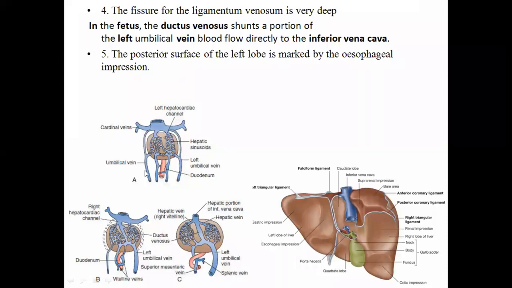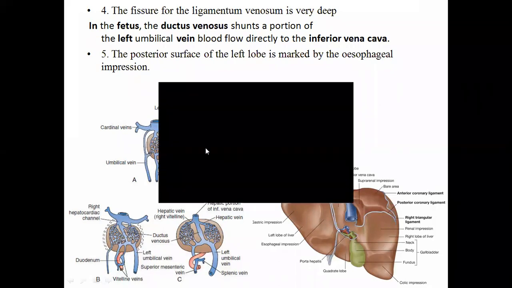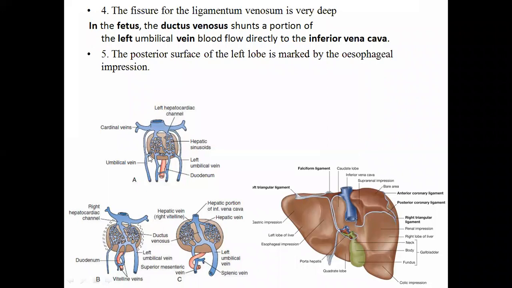So this is the umbilical vein that we can see here. This is the ductus venosus. What it does is connect the left umbilical vein to the inferior vena cava. This is the inferior vena cava. The formation of the inferior vena cava can be seen here. The left umbilical vein is connected to the inferior vena cava, shunting the blood.